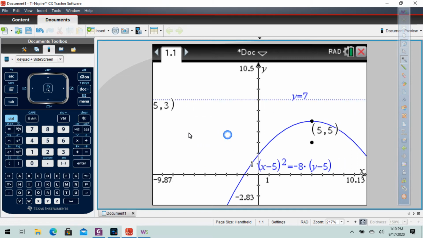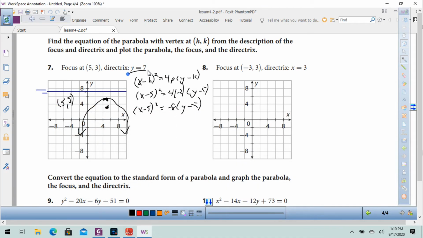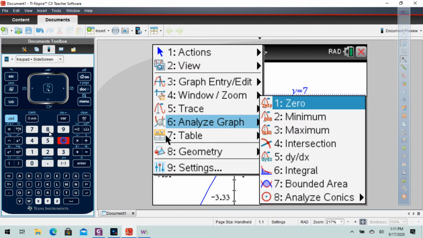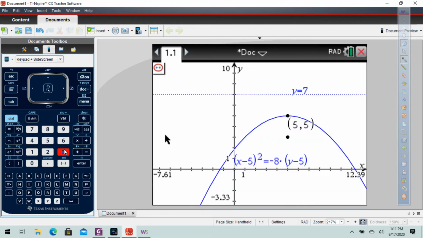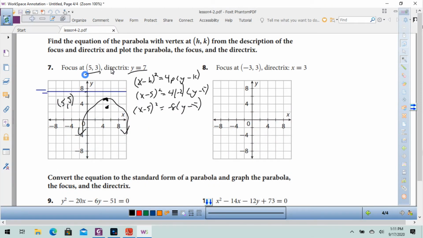There it is. We got y equals 7. We have a focus at, where's their focus at? I see it right there, but I don't see it there. And there it is at 5, 3. What did we say our focus was? 5, 3. So there we go. We got it.